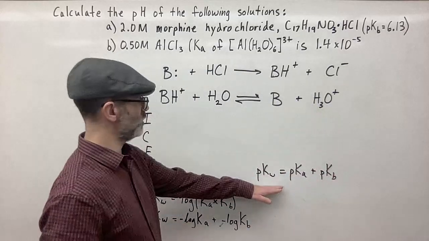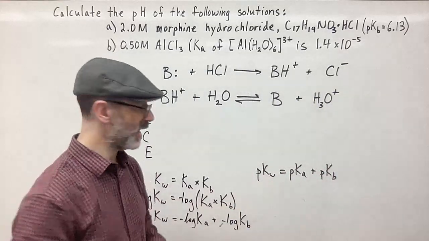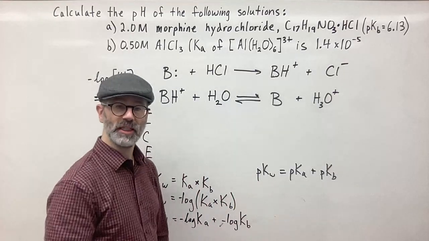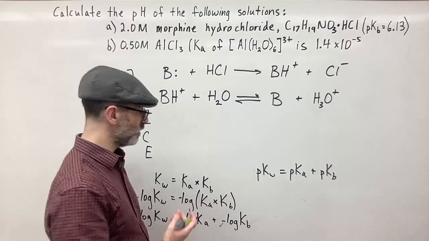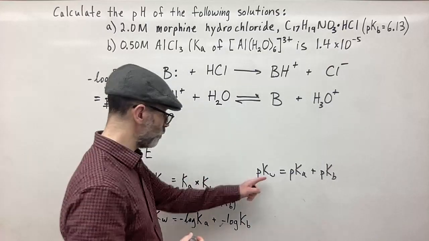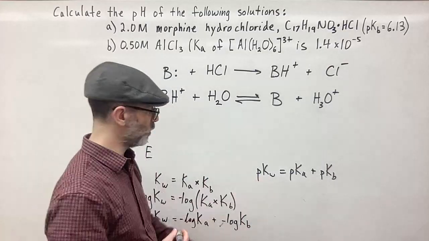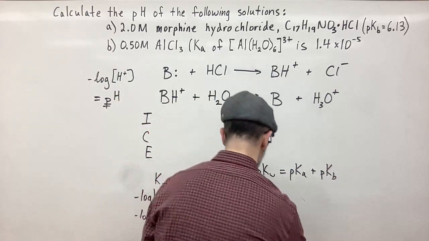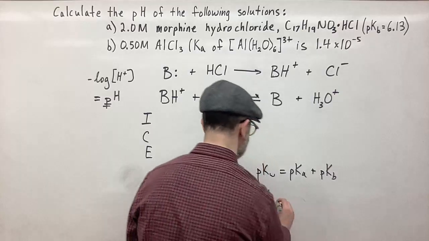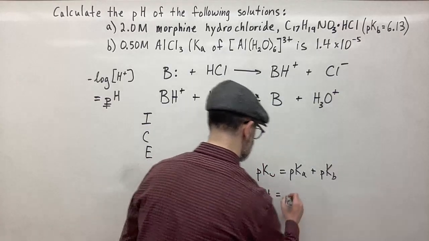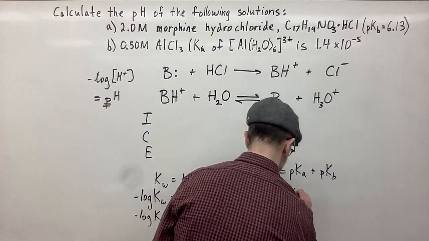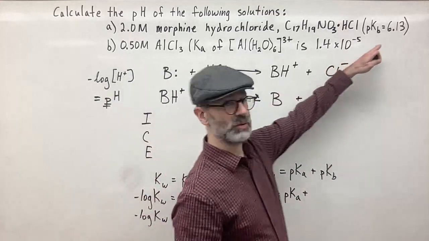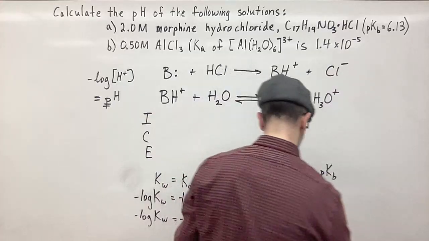And so now we can use this equation to find the pKa, because the pKw is going to be 14, because the Kw of water, the equilibrium constant of water, is 1 times 10 to the negative 14. So this is going to be 14, which is equal to the pKa plus the pKb, which they gave us, which is 6.13.